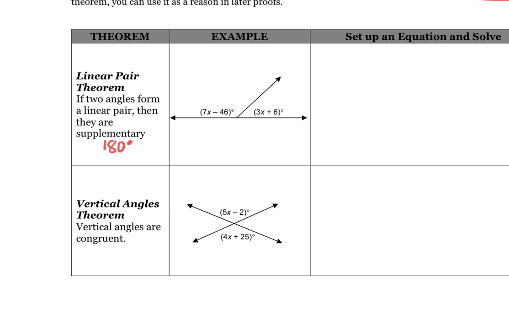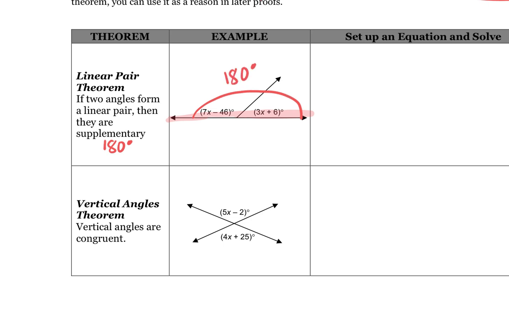If I look at the example that they gave me, I have a line. So let's highlight that line. I have a straight line here. When I have a straight line, I know it's 180 degrees. So I know that this whole thing from here to here, its actual measurement is 180 degrees.